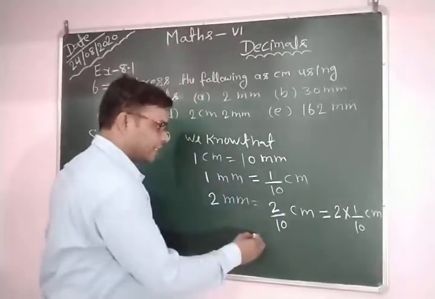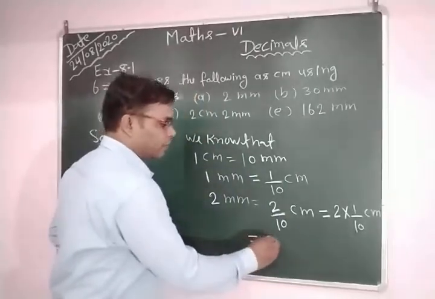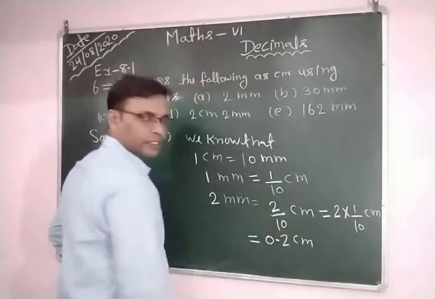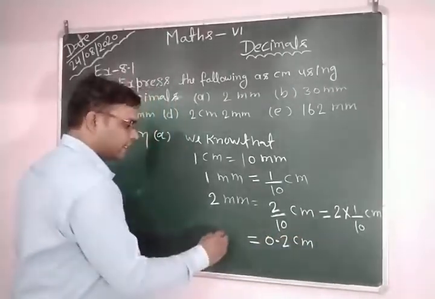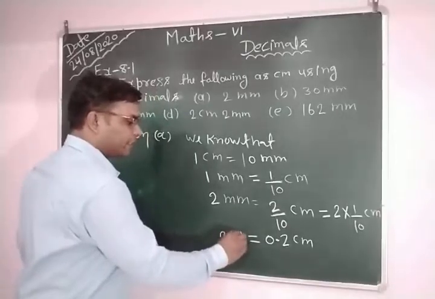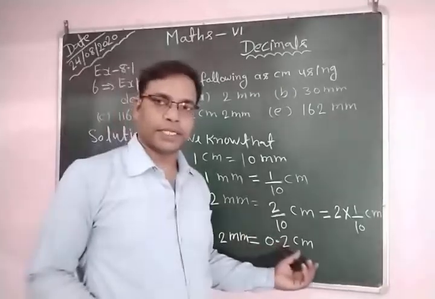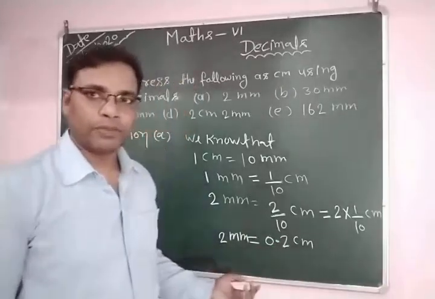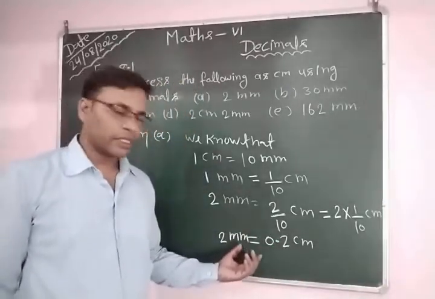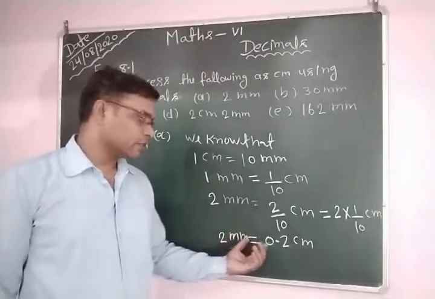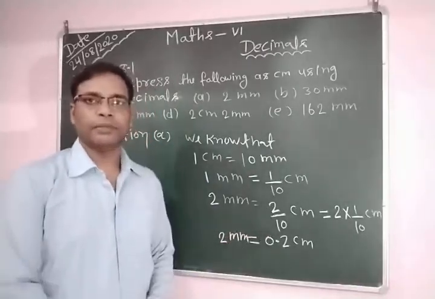So we can write 0.2 centimeters. So 2 millimeters is equal to 0.2 centimeters. I hope all of you understood this.